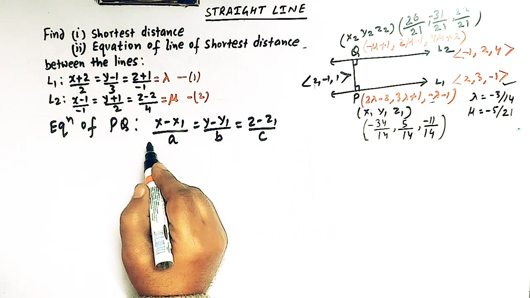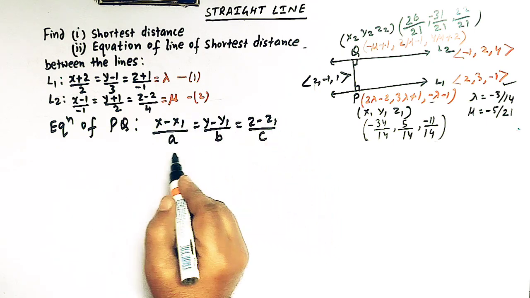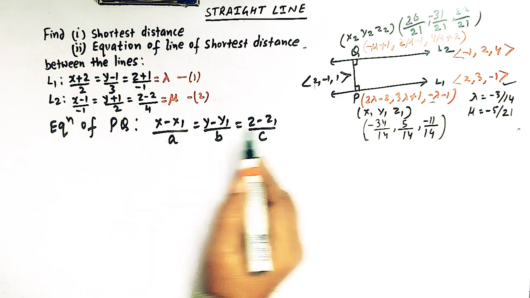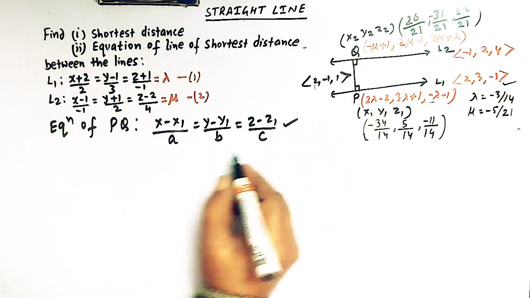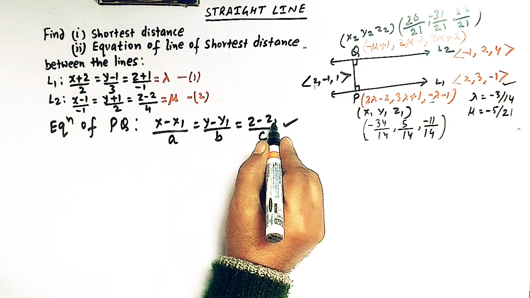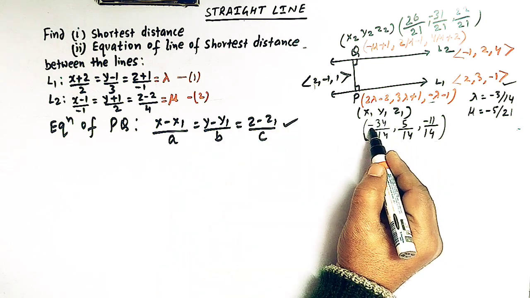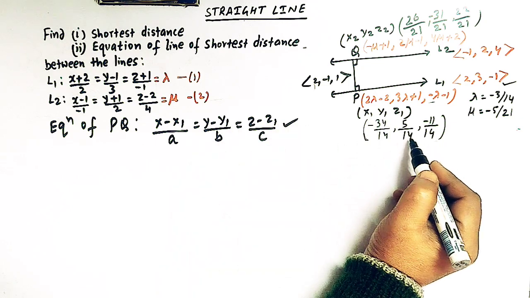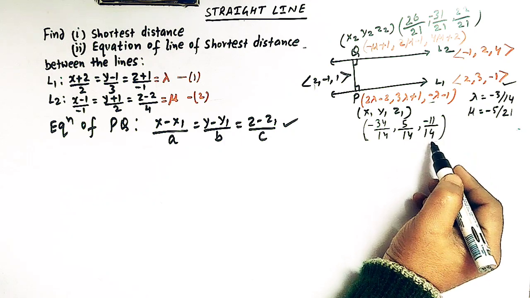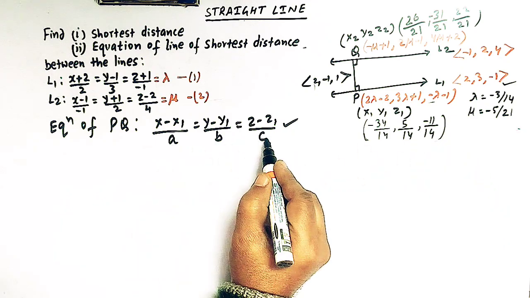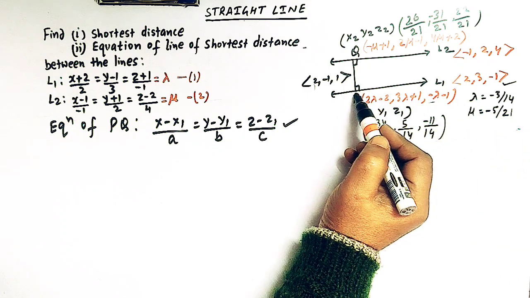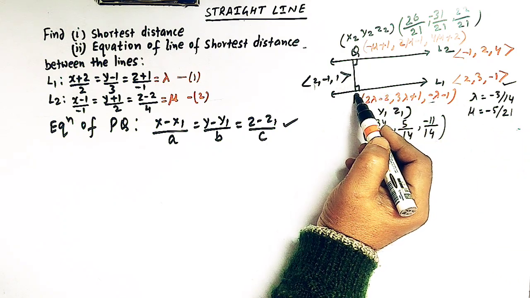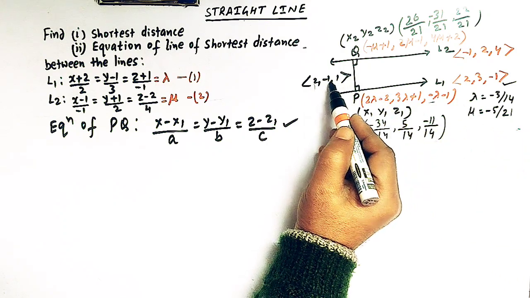Because this is the symmetric form of the equation of a line. So the equation of PQ is given by this equation, and here x1, y1, z1 are given by minus 34/14, 5/14, minus 11/14, and a, b, c are the direction ratios of this line of shortest distance, that is 2, minus 1, 1.